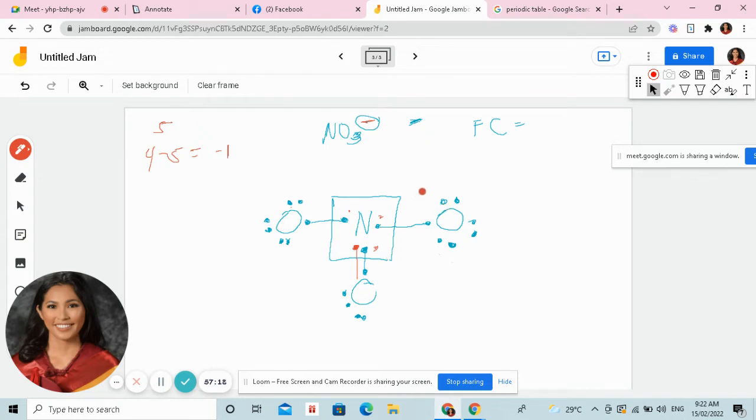What about here? Let's count here also because this has formal charges too. How many electrons here? 1, 2, 3, 4, 5, 6, 7. We have 7 electrons. Now, how many valence electrons does oxygen have?